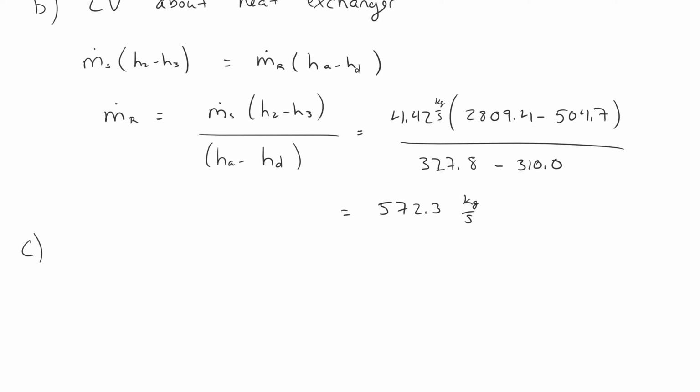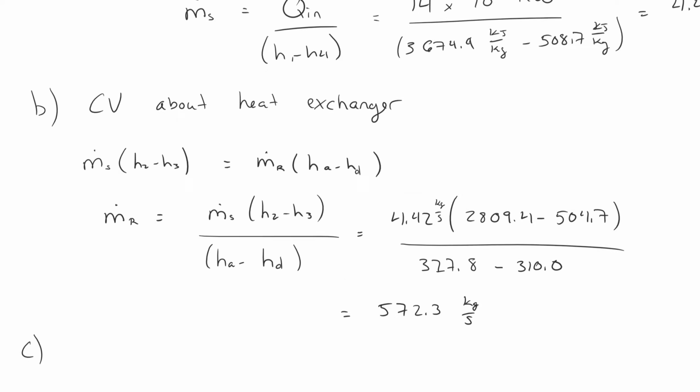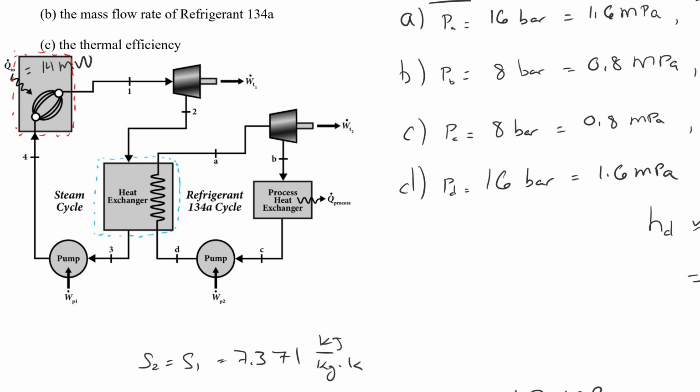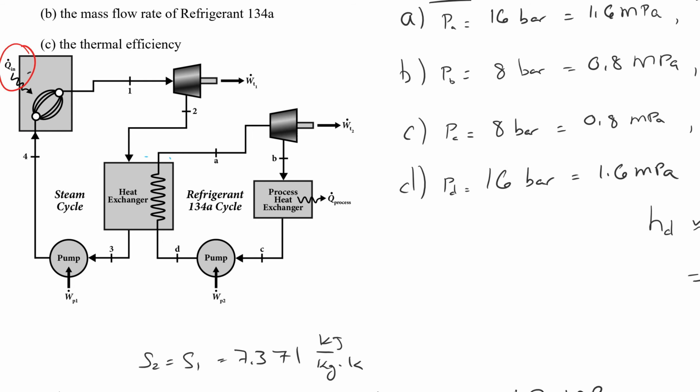Okay, and then finally in part C, I'm asked for the thermal efficiency of the cycle. So, for a thermal efficiency, I need to look at my total net output divided by my heat input. So, here's my heat input, and my net output is going to be the output by both turbines minus the input to my pumps.